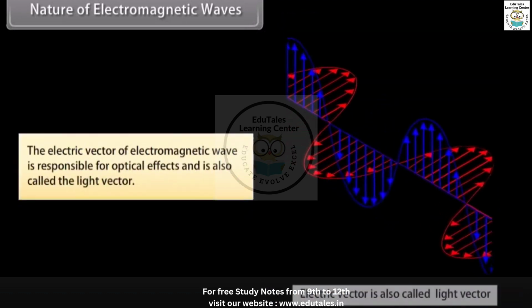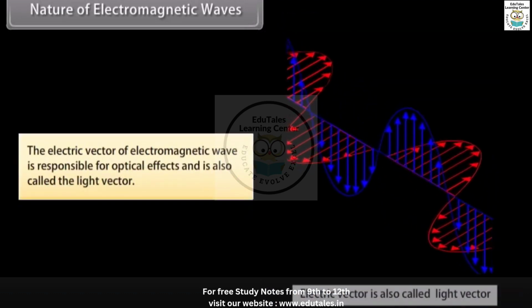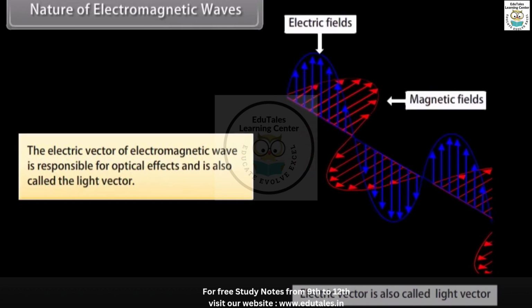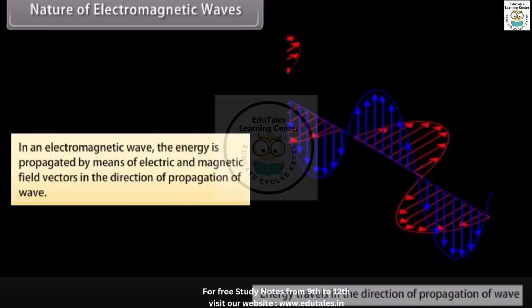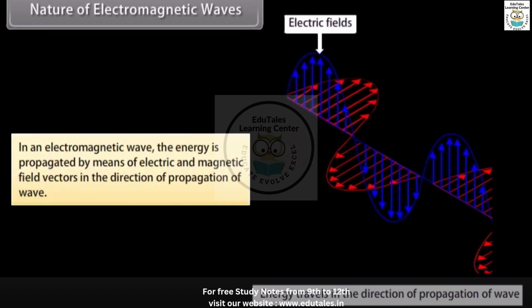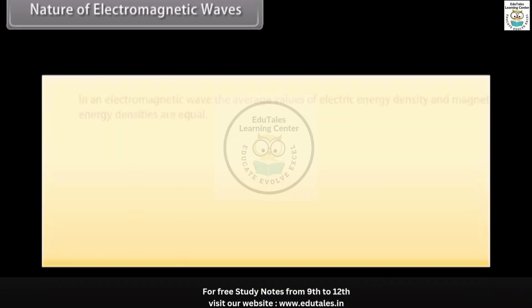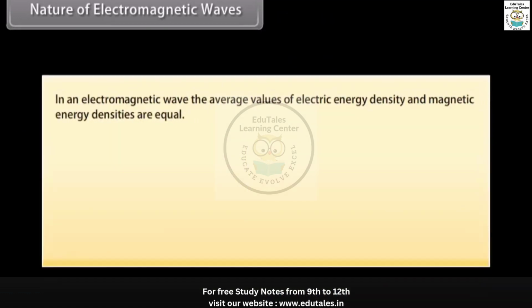The electric vector of electromagnetic wave is responsible for optical effect and is also called the light vector. In an electromagnetic wave, the energy is propagated by means of electric and magnetic field vectors in the direction of propagation of wave. In an electromagnetic wave, the average values of electric energy density and magnetic energy densities are equal.